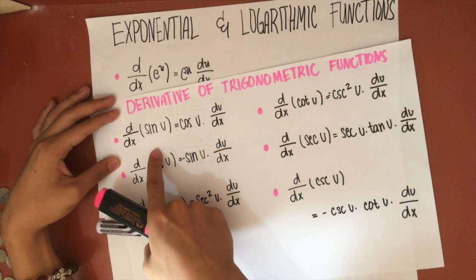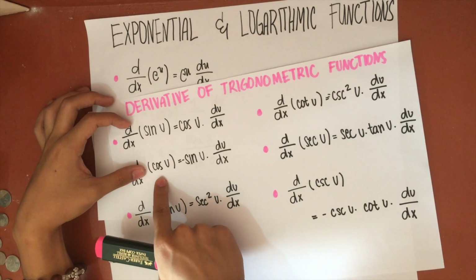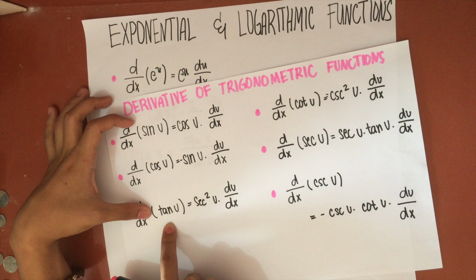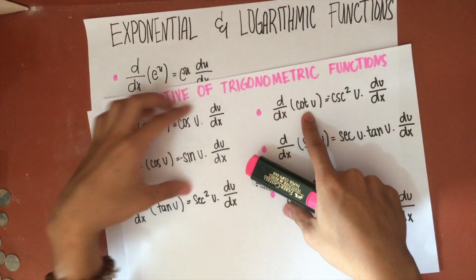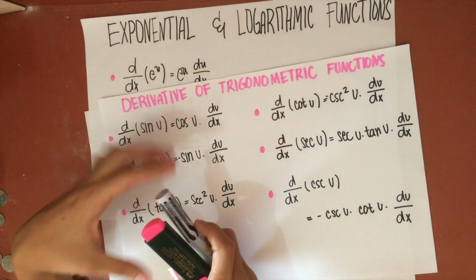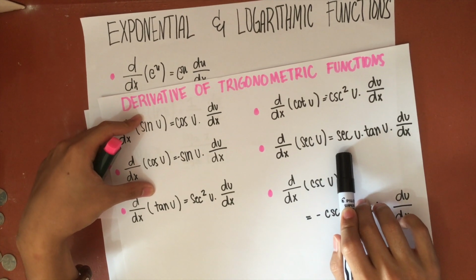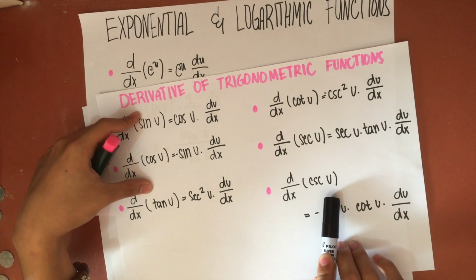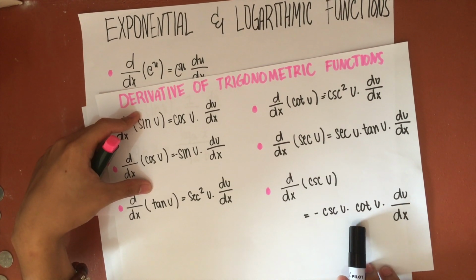The derivative of sine is cos, the derivative of cos is negative sine, the derivative of tan is sec squared, the derivative of cotangent is negative cosecant squared, the derivative of sec is sec times tan, and the derivative of cosecant is negative cosecant times cot.